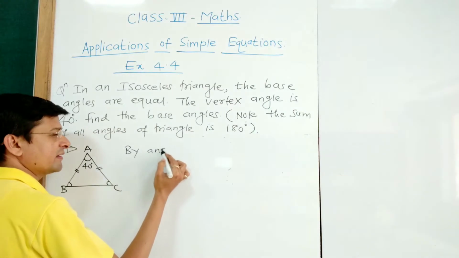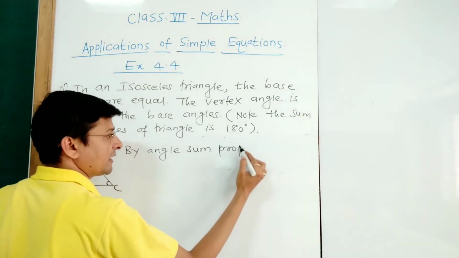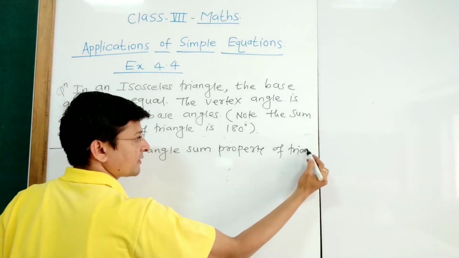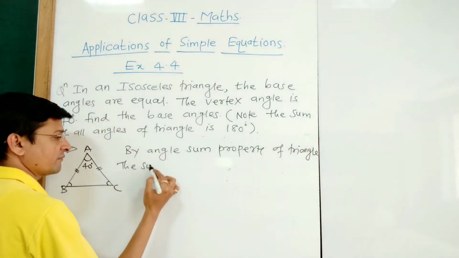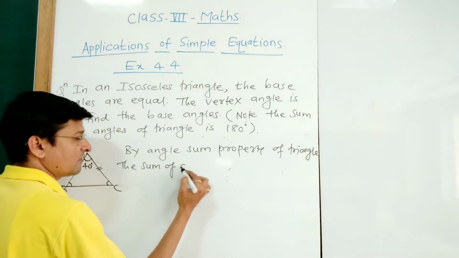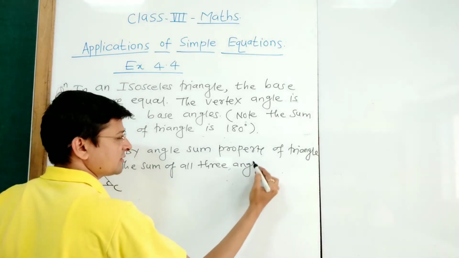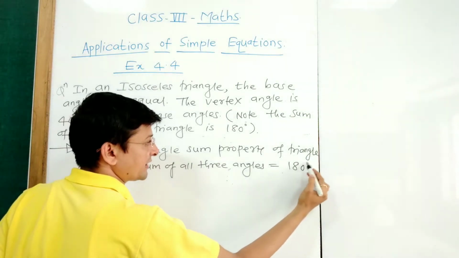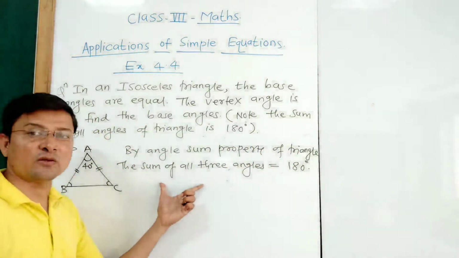By angle sum property of triangle, the sum of all three angles is equal to 180 degree.